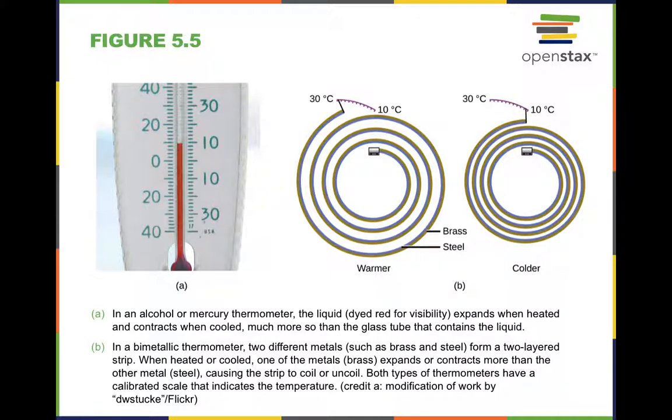Something like a digital thermometer, a temperature probe, typically works on the part B type of thermometer, where you have 2 metals in contact with each other that have a different amount of expansion they undergo as temperature increases. And you need to know those differences, and they can calibrate a thermometer so that they know how much one over the other expands, so that coil will expand or contract based on the temperature, and you get a reading that's digital on your temperature probe.